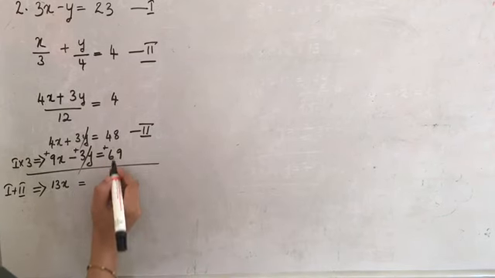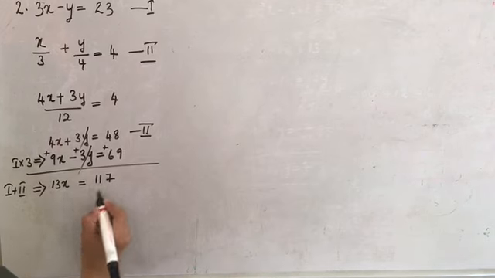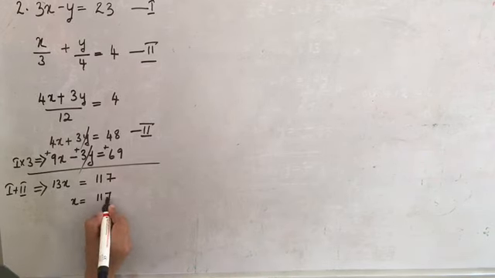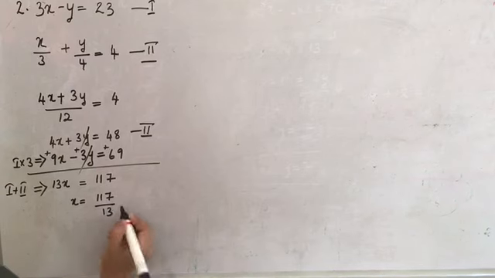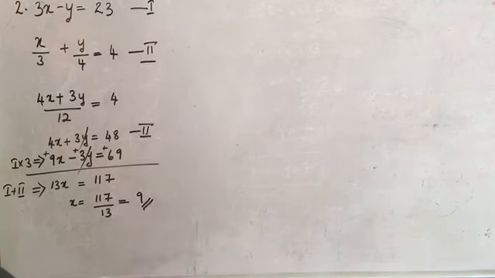What is 48 plus 69? You get it as 117. So you get x equals 117 by 13. So that is equal to 9. So you got the x value as 9.